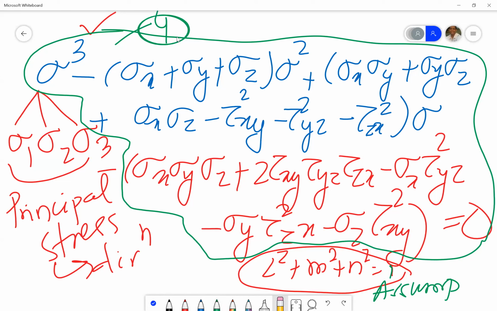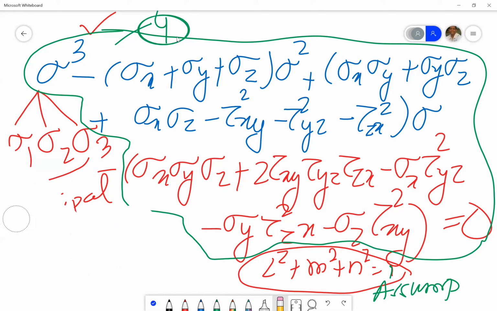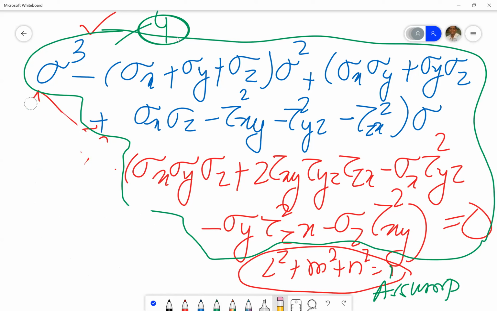As I have already told you, the components which do not change are the invariants. So what is the invariant here?